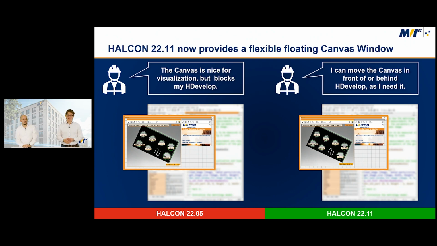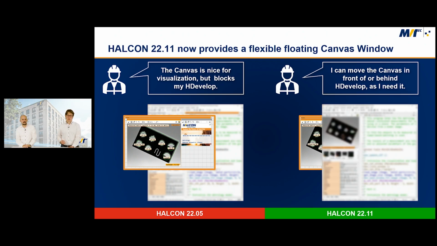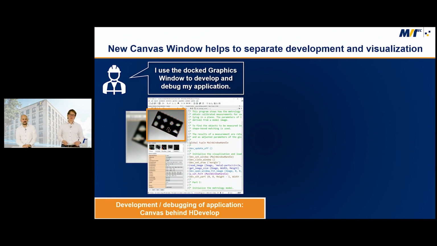We changed this behavior by enabling you to move the canvas in front of your HDevelop or behind your HDevelop. This is the first step to separate the development of your code from the visualization of your code.